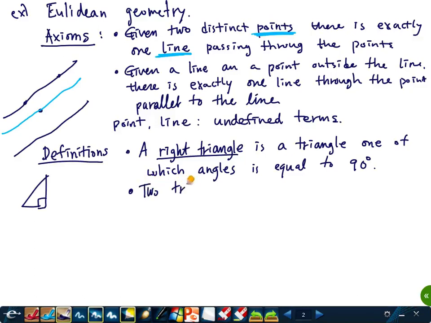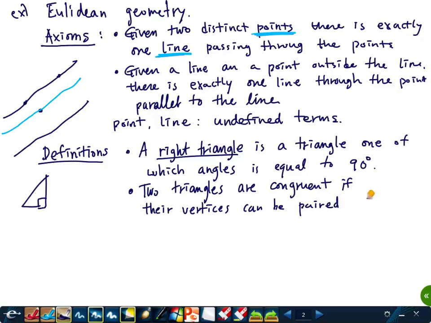Two triangles are said to be congruent if their vertices can be paired such that corresponding angles are equal, and corresponding sides are equal in size.